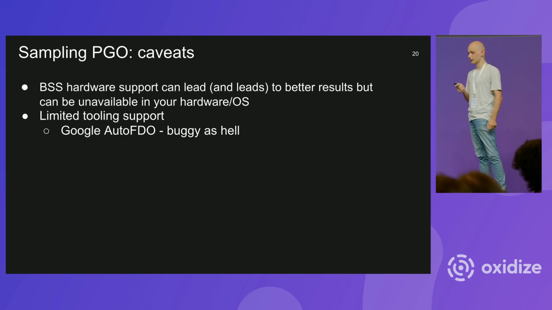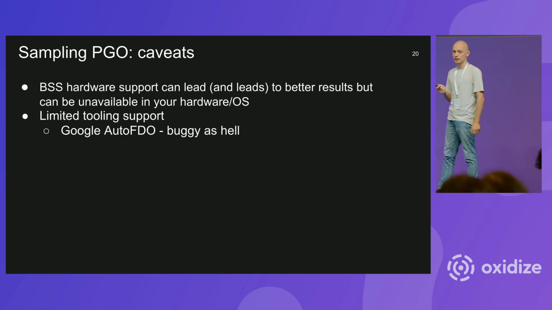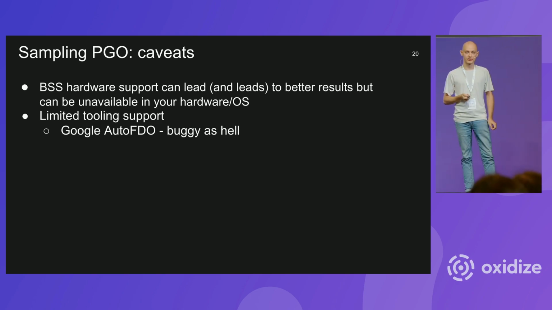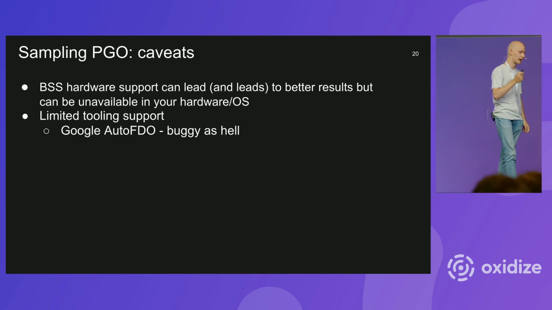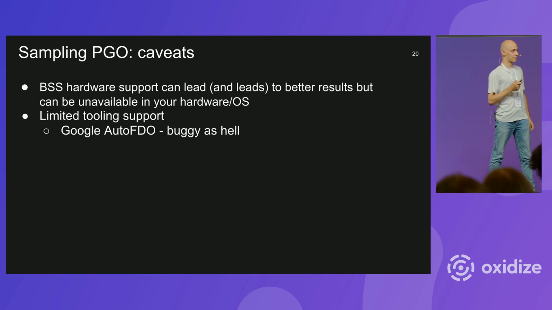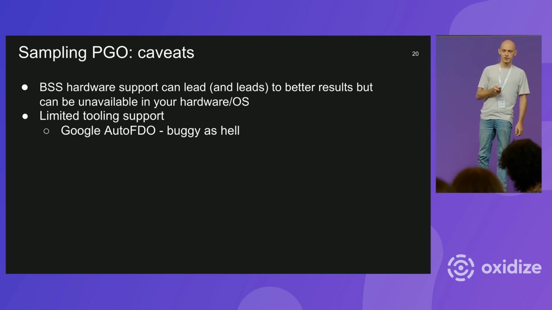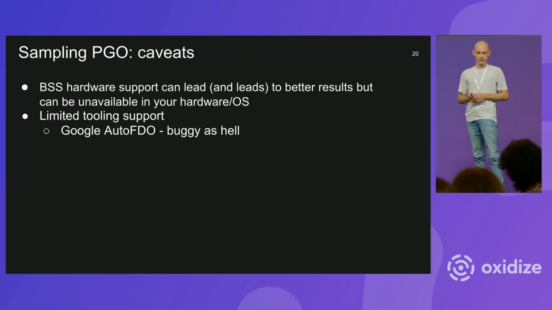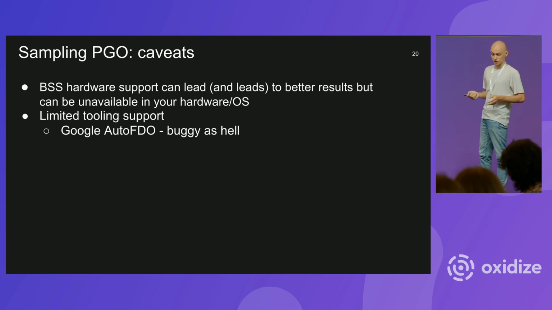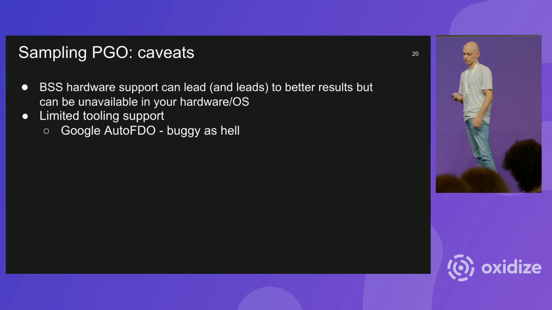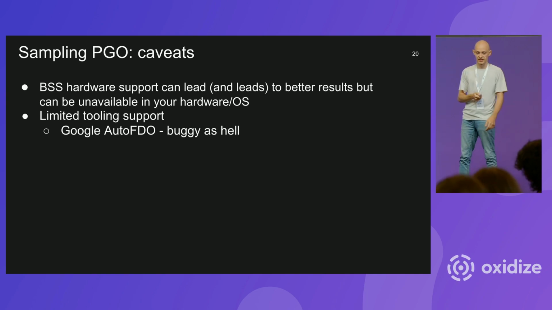Unfortunately, Google AutoFDO is buggy as hell. It has a lot of compilation issues with the most recent LLVM versions. You need to patch it. Google engineers don't care much about the outside of Google, so they don't care. So that's it. That's the current situation.